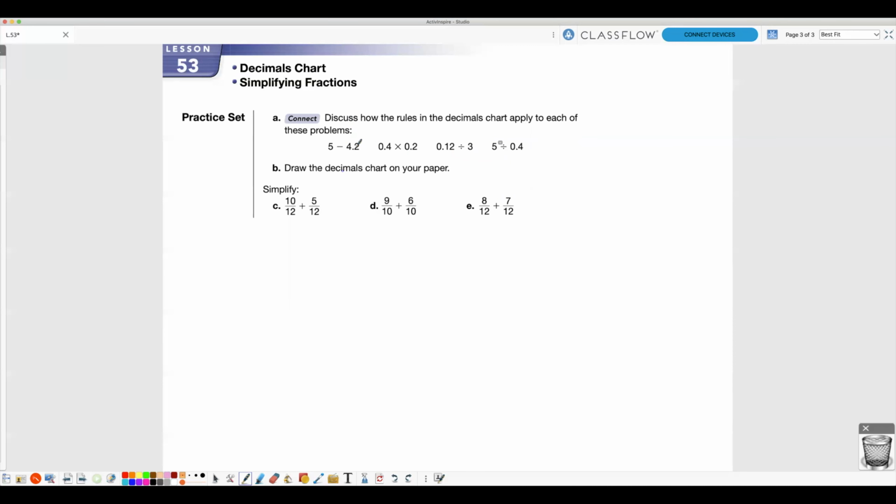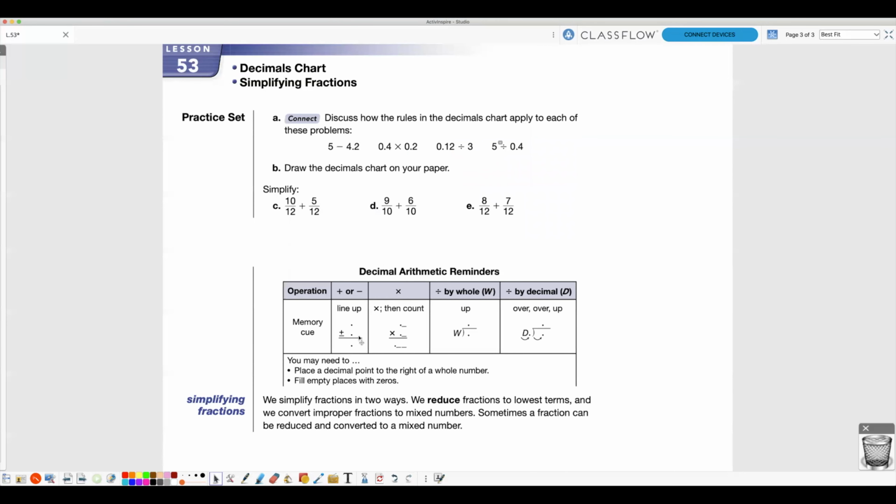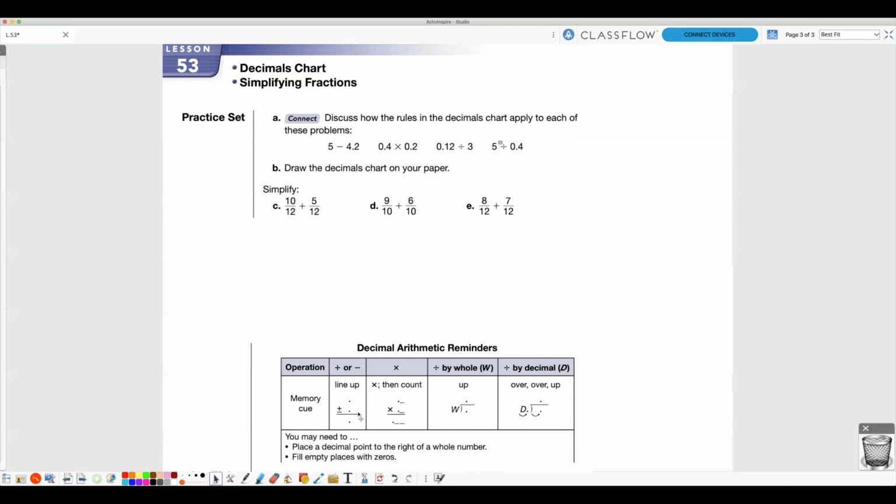For you to answer letter A, let's use the decimal chart. Let's use this decimal chart here. And let me just bring that over to us. So I'm going to copy that decimal chart and let's bring this decimal chart over to this space here too.